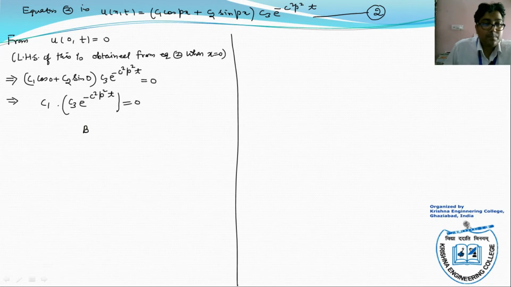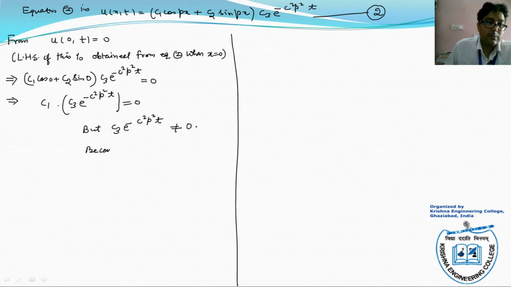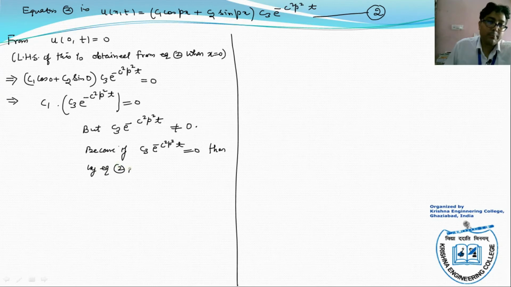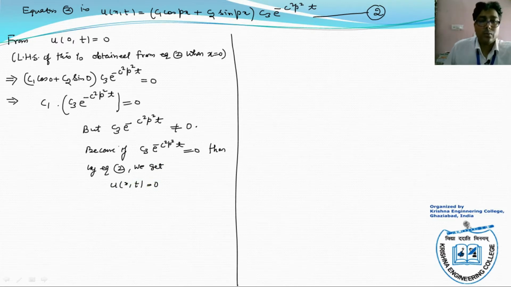But c3 e to the power minus c square p square t will not be equal to 0, because if c3 e to the power minus c square p square t were 0, then by equation second we get u(x,t) is equal to 0.